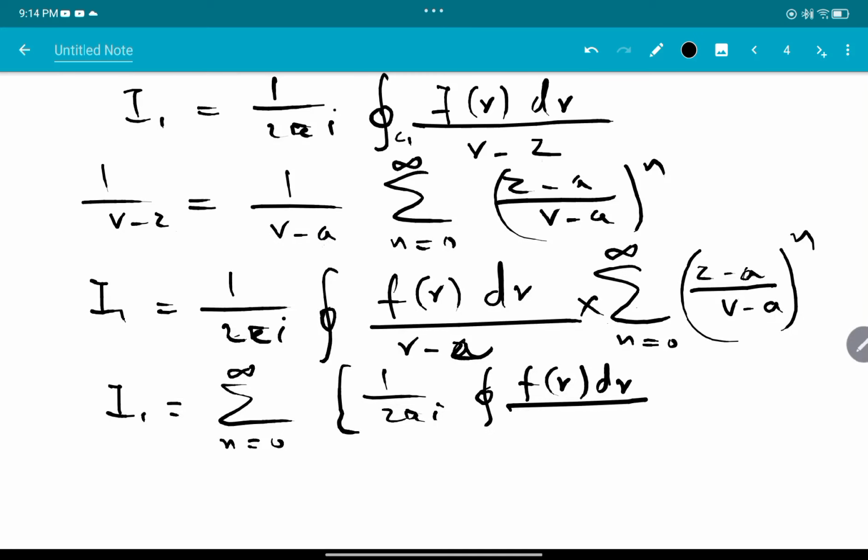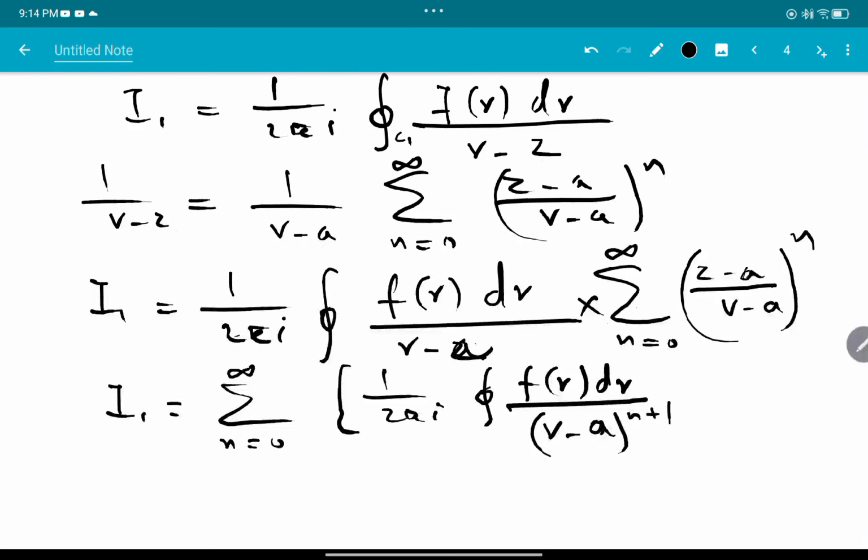So it is f(gamma) d gamma divided by gamma minus a, this is gamma minus a raised to n, so it will be gamma minus a whole raised to n plus 1.